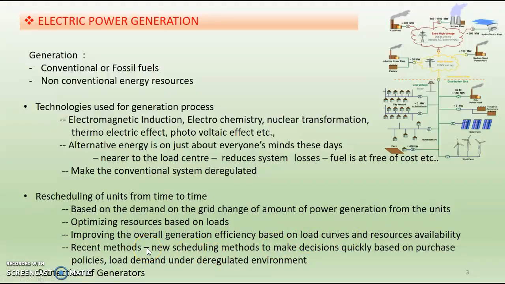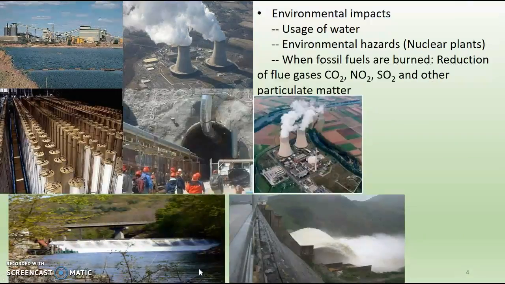In recent days, new scheduling methods are used to make decisions quickly based on purchase policies and load demand under the deregulated environment, etc. And so these are various images of various power generating units that are considered.